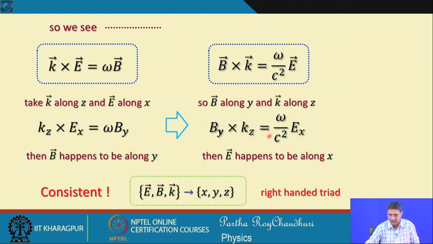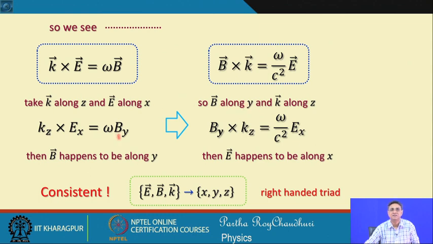So, they are again consistent, then E happens to be along x. So, this is consistent, because I started with the assumption that K is along z, E is along x. The result was that B is along y. Now, I have considered that B is along y and K is along z. So, it yields that E is along x.